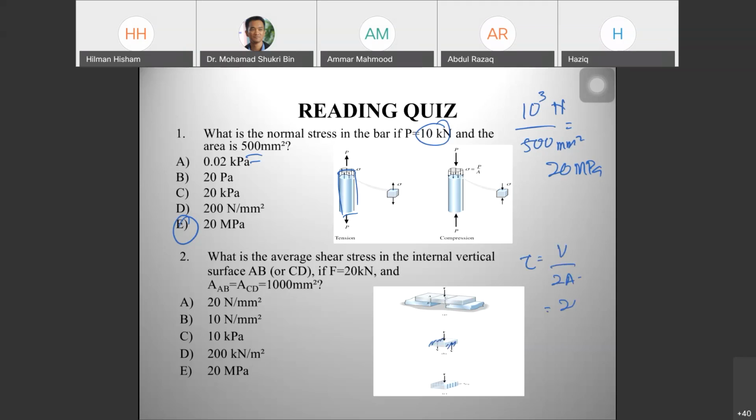So 20 times 10 to the power of 3 over 2 times 1000. So 20 E3 over 2000, the answer is 10 megapascal. The units are megapascal.